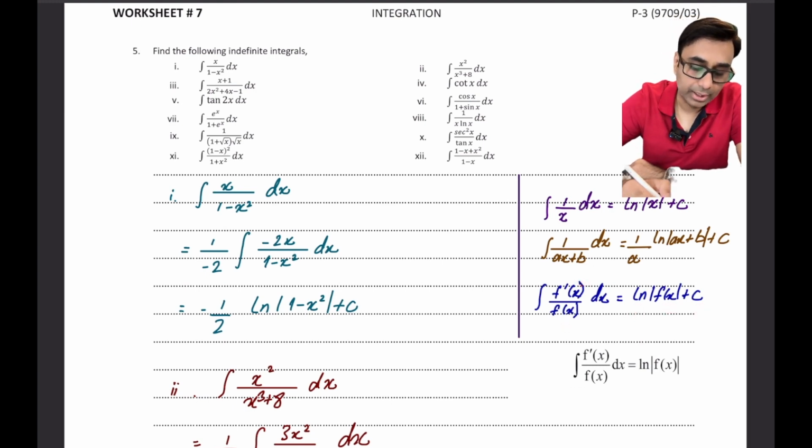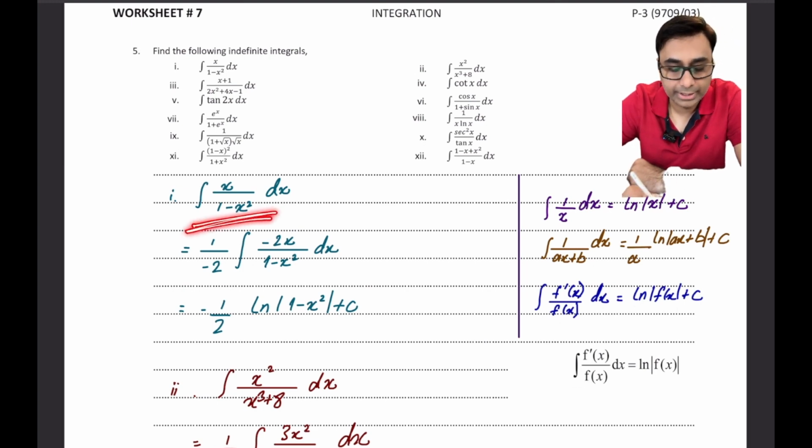So like, for example, if I look at this question where I have to integrate x upon 1 minus x squared, first of all, I can't apply the power formula because this function has a power of 1, and that's where the power formula is not applicable. This is the log formula that I have to apply here. But this is also not a linear function.